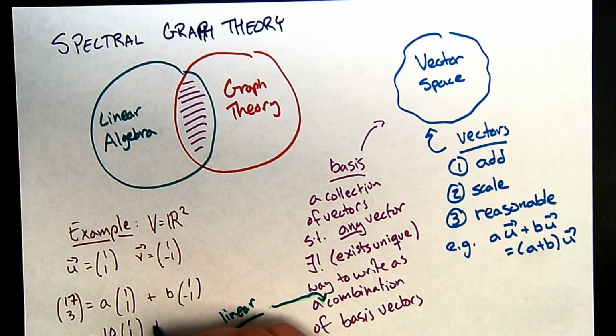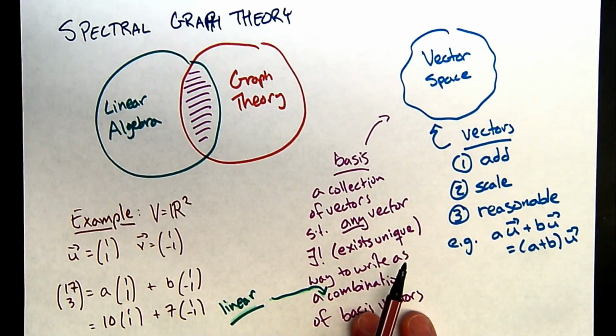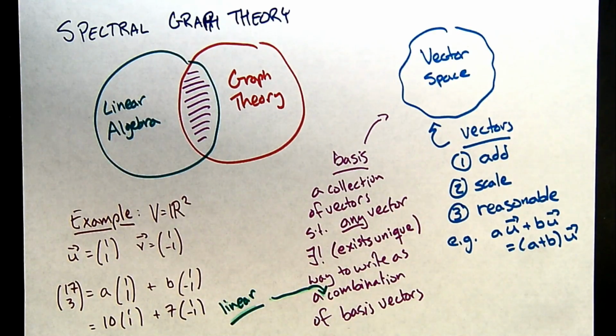Well, yeah, the answer is, for instance, if I take a to be 10 and b to be 7. Well, I scale. 10 times (1, 1), so this would be (10, 10). This would be (7, -7). So I get 10 plus 7, that's 17. 10 minus 7 is 3. Of course, did I get lucky? Well, maybe I got lucky in that I had reasonable numbers, but no. You can show that it's unique.